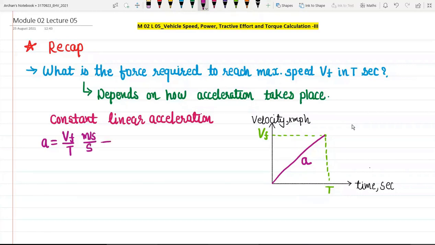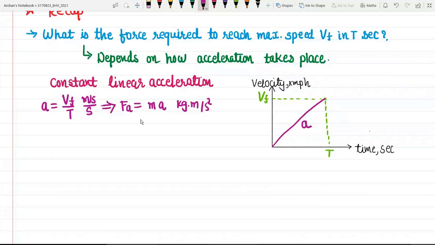Then from the knowledge of this acceleration, we will be able to calculate the acceleration force, which is nothing but m into a, in kg into meter per second square, where m is the mass of the vehicle in kg, right? So that was the force required.